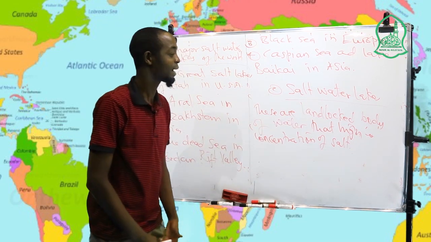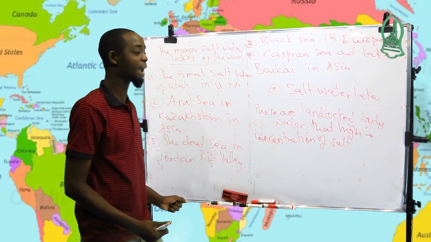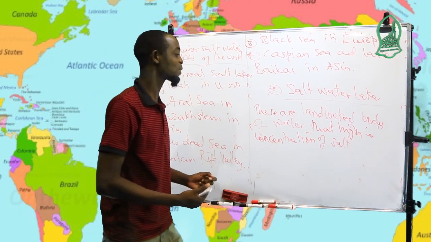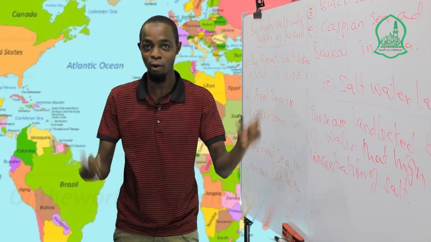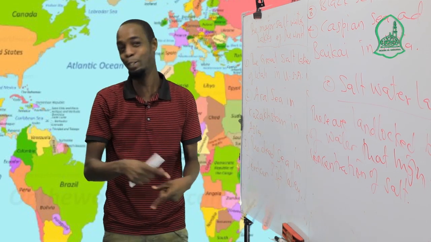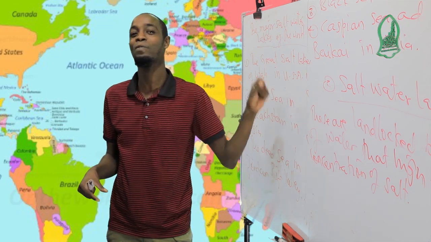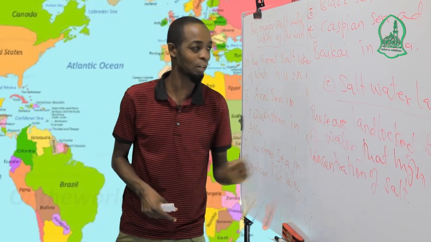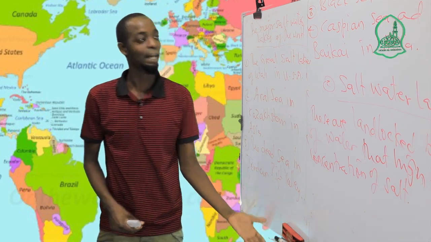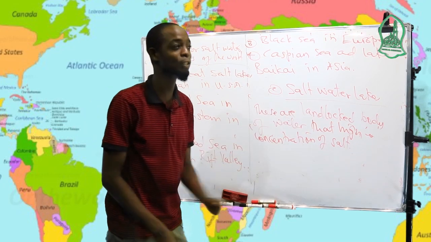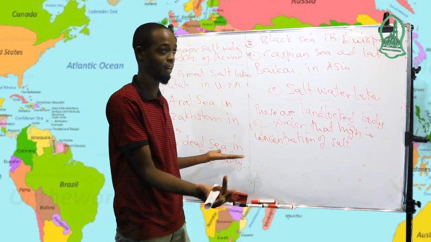Salty water lakes are landlocked bodies of water with a high concentration of salt, but not part of the ocean. They are called salty water lakes because of that high concentration of salt. And we have seen the major freshwater lakes and the major salty water lakes of the world. There are others, but these are the major.